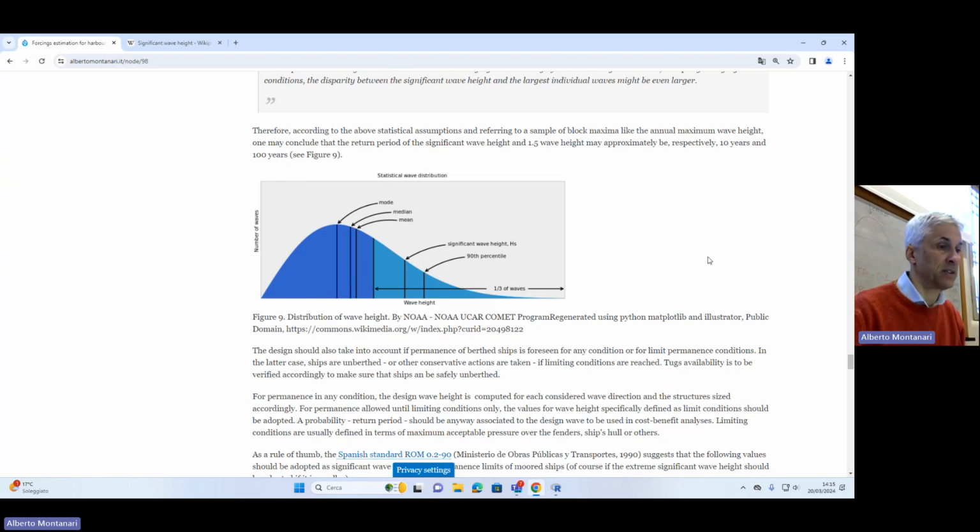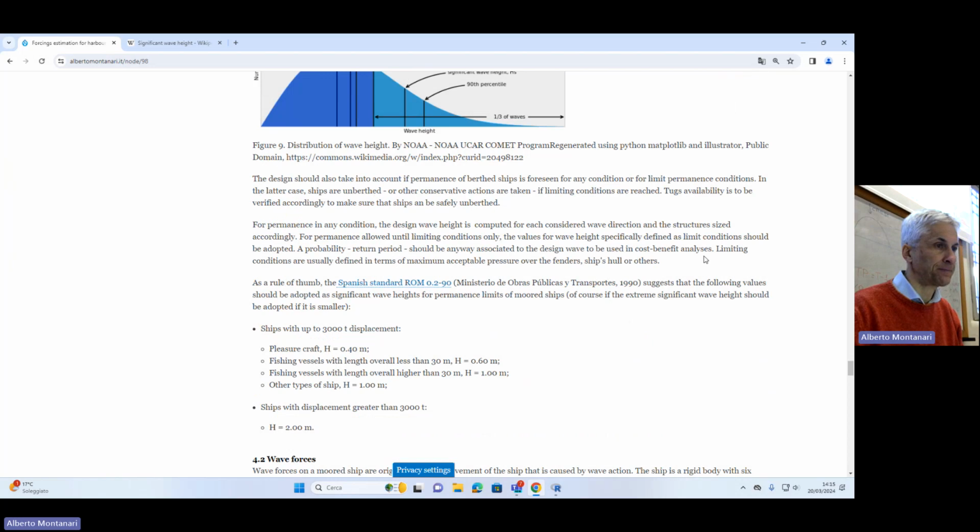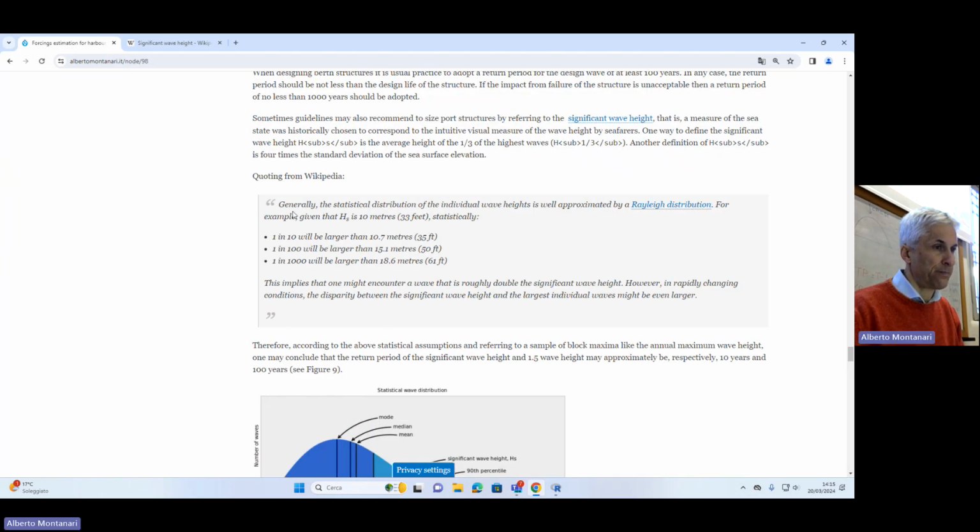And here, there is a mention that if the significant wave height, they make an example. Let's suppose that it is 10 meters, okay? Then they say 1 in 10 will be larger, which is precisely meeting the definition of return period.